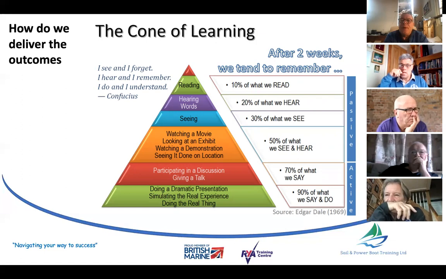The important bit is it's broken down between passive and active. My instructing should be active: participating in a discussion, giving a talk, doing a dramatic presentation, simulating a real experience, or doing the real thing. A lot of what you do naturally as an instructor is those bottom things, if you think about what you're doing most of the time.